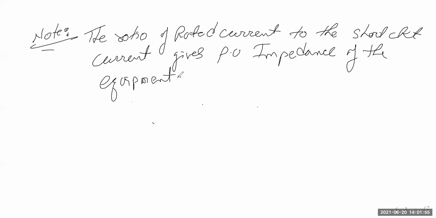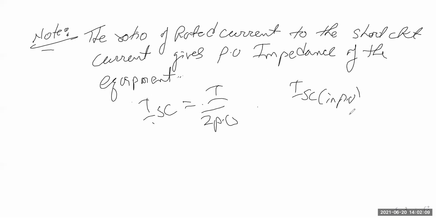Now from this equation we could write that your short circuit current would be I by Z per unit. So ISC in per unit could be written as I per unit by Z per unit.